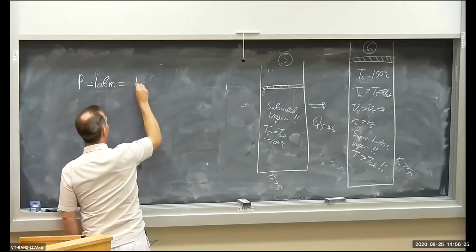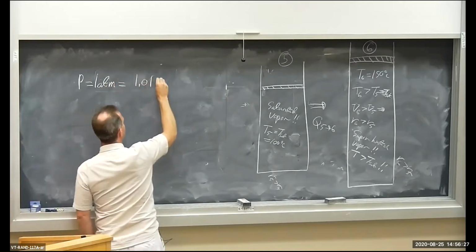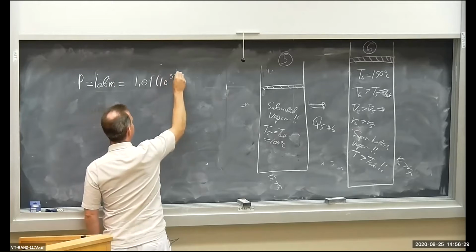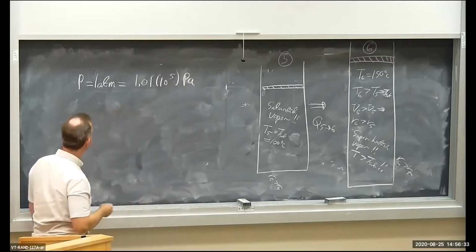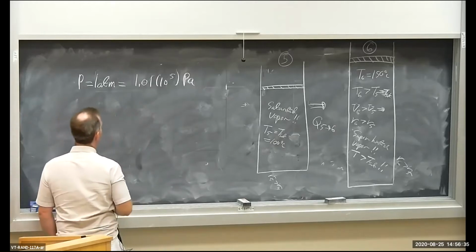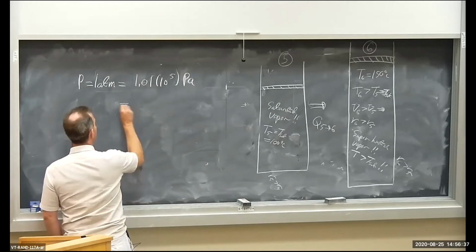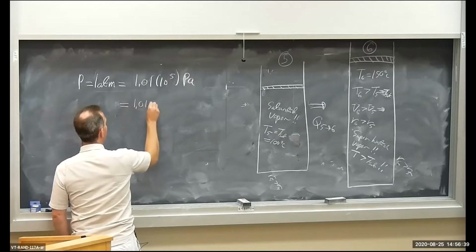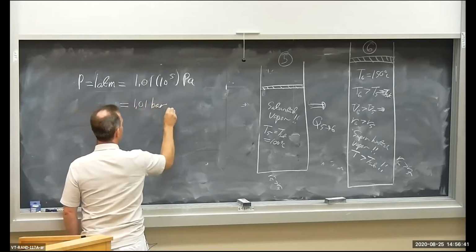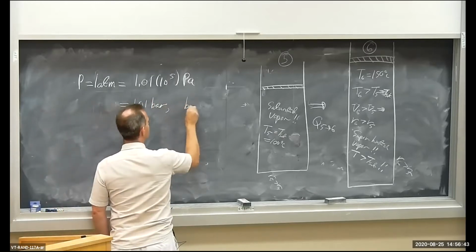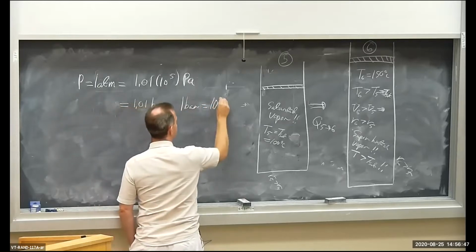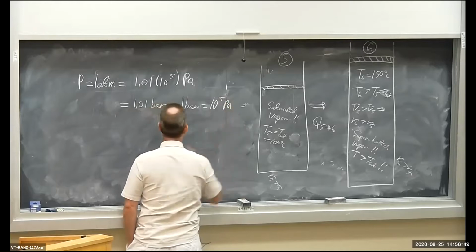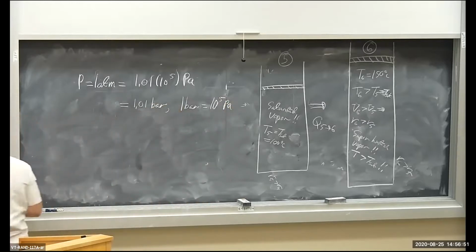It's about 1.01 times 10 to the 5th pascals, okay? Or if you like, 1.01 bar. 1 bar is equal to 10 to the 5th pascals. Okay, that's what a bar is from metric.